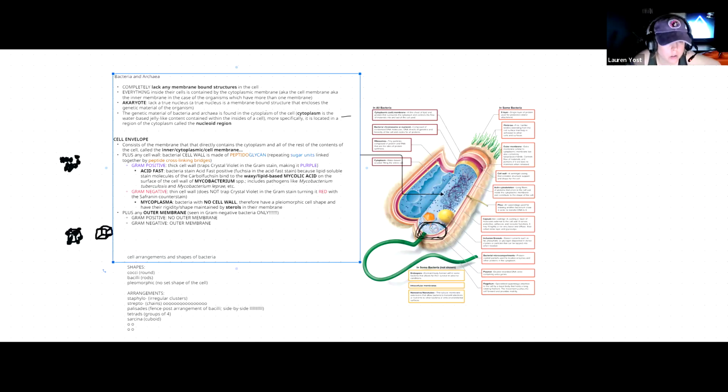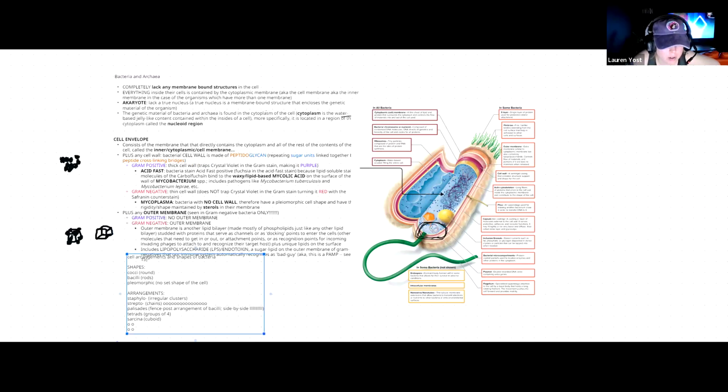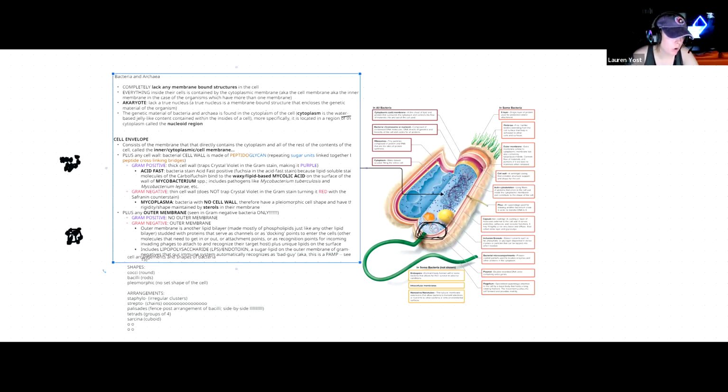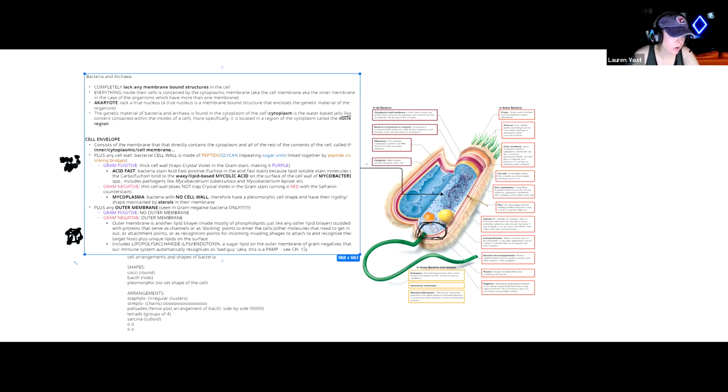Okay, so lipopolysaccharide, this doesn't stretch out. Okay, I guess I'm just going to redraw this. I need the space, I apologize. So lipopolysaccharide.